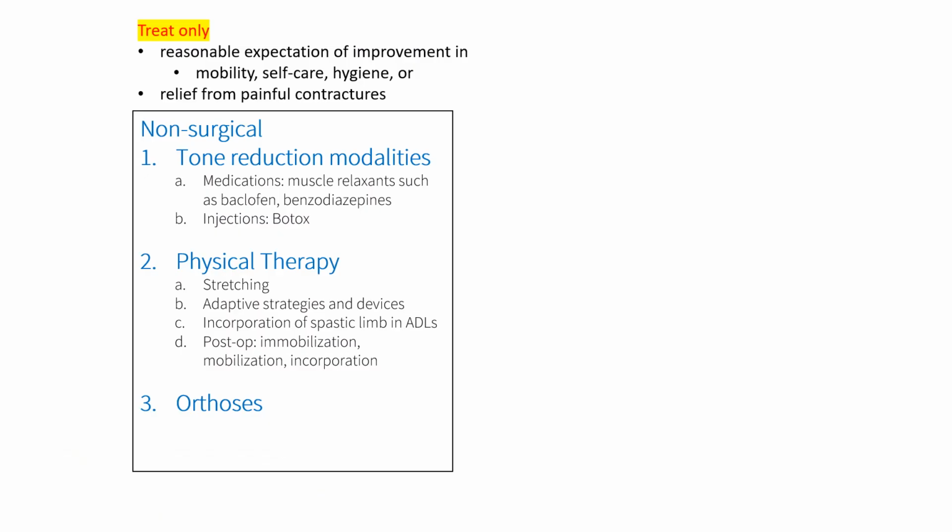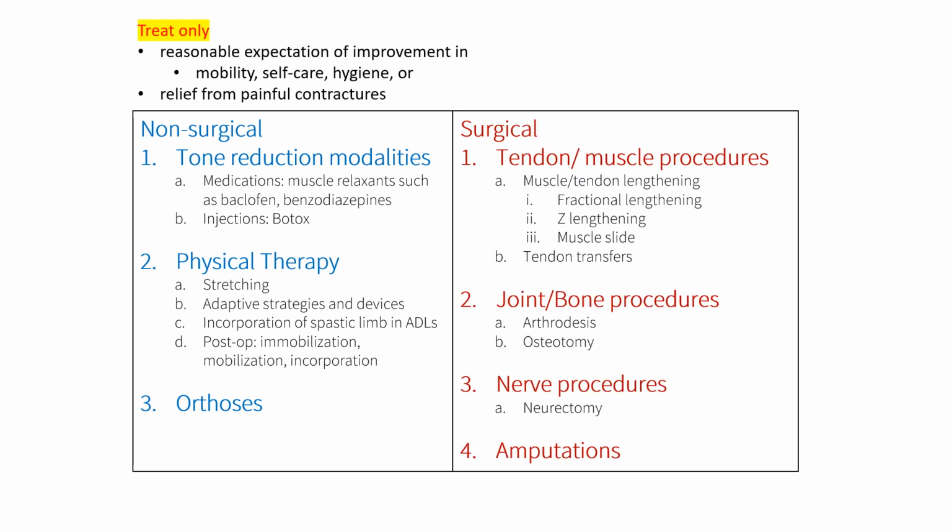These are our treatment modalities. We only treat patients who have a good expectation of improvement, and we also use it to relieve contractures. These are our non-surgical methods, which are splinting, the use of oral medication, physical therapy. We use Botox mainly for the purposes of assessment as a therapeutic trial to see whether the patients feel better with the relaxation of the muscle prior to doing neurectomies.